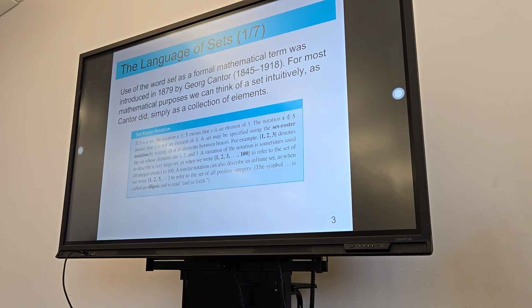So the use of the word set as a mathematical term was introduced by, I guess it's Georg Cantor. But basically, for most purposes, you can think of it intuitively as a group of elements.